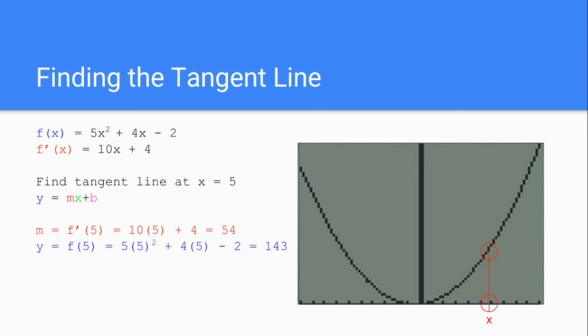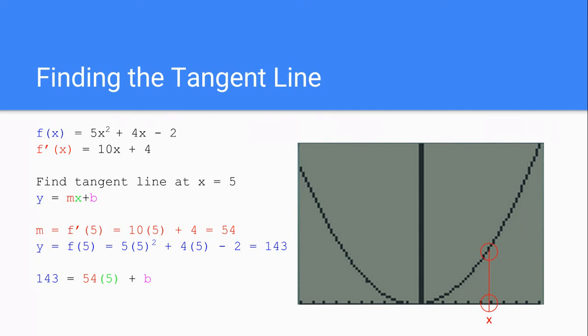So now what is y? Well, we can get y simply by plugging 5 into the original function, f of x. If we plug that in, we get 143. So then what I've done is I've taken y equals mx plus b, and I've plugged in y, m, and x.